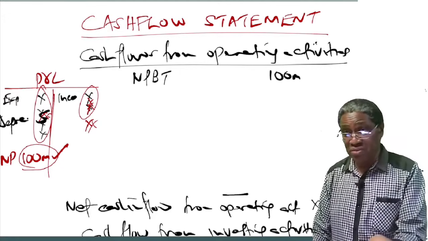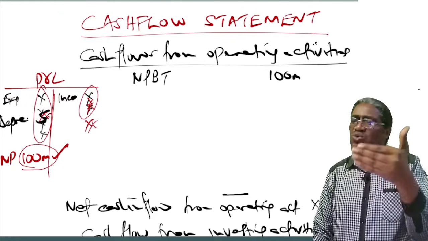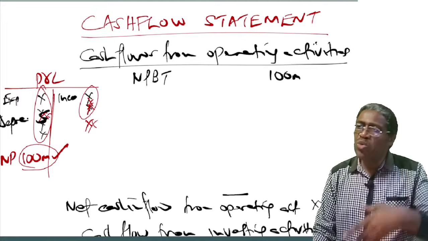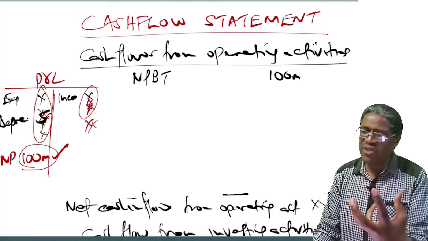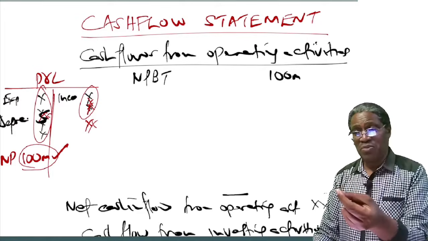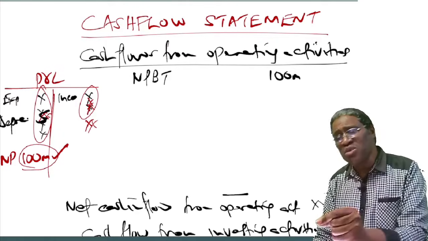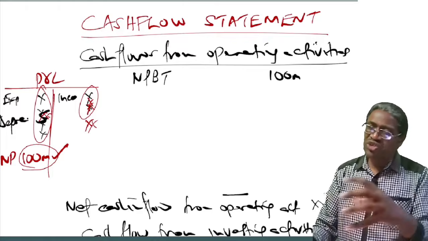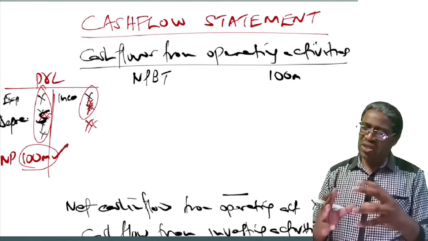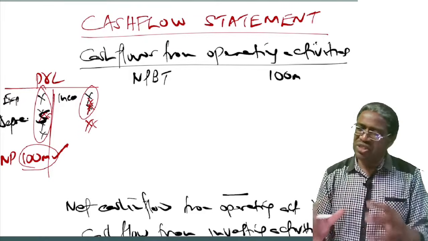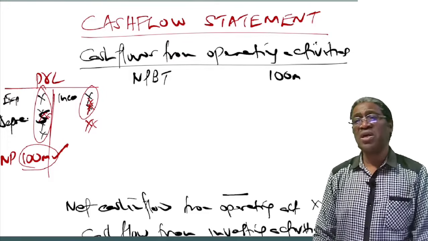If the profit would have been more, then we correct that profit by adding back that depreciation. Or if it has made a profit more than it should be, we deduct.